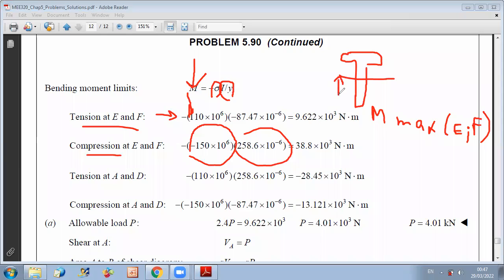Tension is for C2 and compression is for C1. So first, sigma tension in this problem is smaller than sigma compression. Plus, for a positive bending moment, tension is taking place at the farthest distance from the neutral axis.